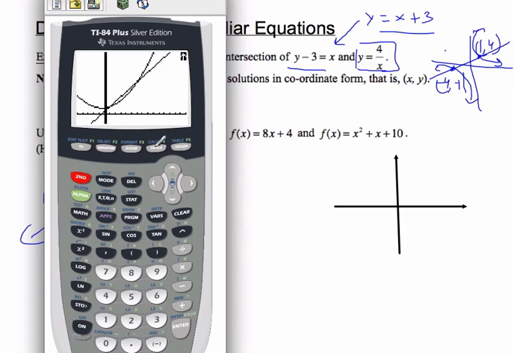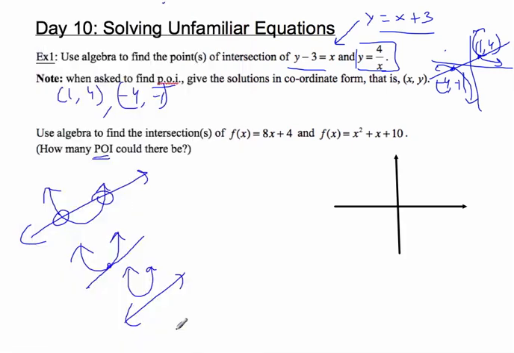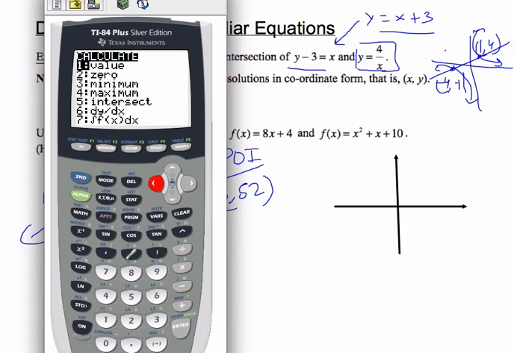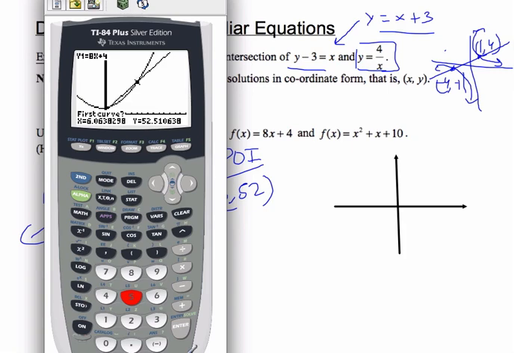I can go to second function, trace, and intersect. Press enter, enter. I'm close to the point on the right, so I'll just press enter and I get 6, 52. Alright, so my first point of intersection is 6, 52. And I'll do that again. Press enter, enter. And I'll go close to the other point of intersection.